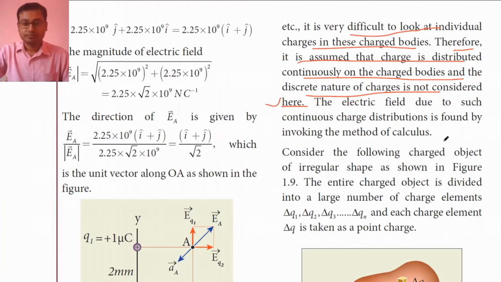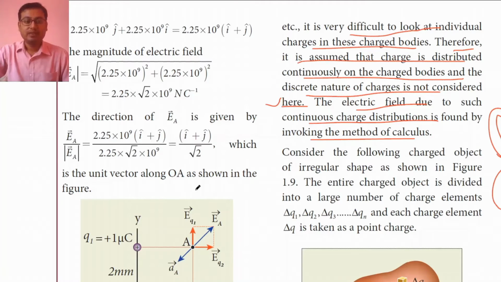In 3 dimensions, the electric field due to such continuous charge distribution is found by invoking the method of calculus. The rules of calculus you have already studied in class 11th, first unit. If you haven't, just go through the first unit of class 11. We do not need very deep knowledge of calculus here.